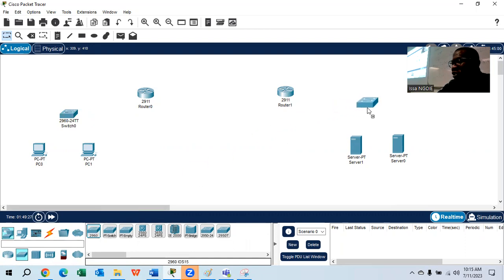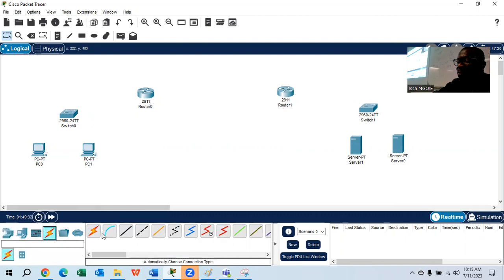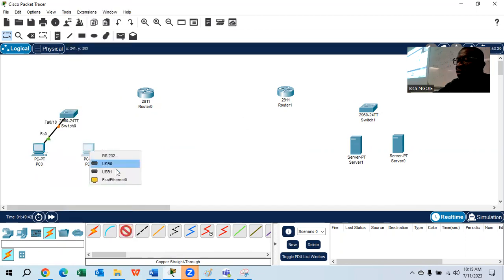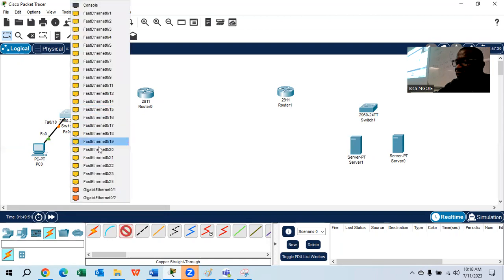We can have 2 switches, the 2960. We can run our cables. You can plug wherever you like, from the computers to the switch. So it doesn't matter.